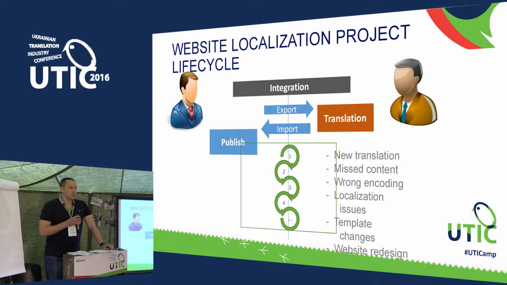For example, the client forgot to include some content in the translation scope, or when you send the translation and he applies it to the website, he finds localization issues or issues in the translated content, which need to be fixed, and the affected content needs to be translated once more.